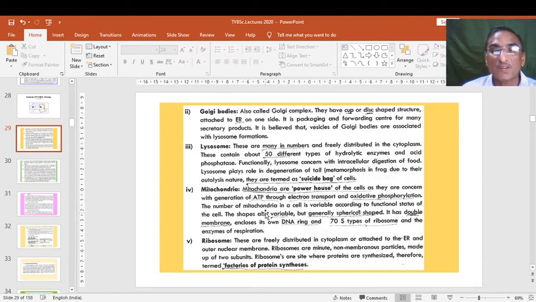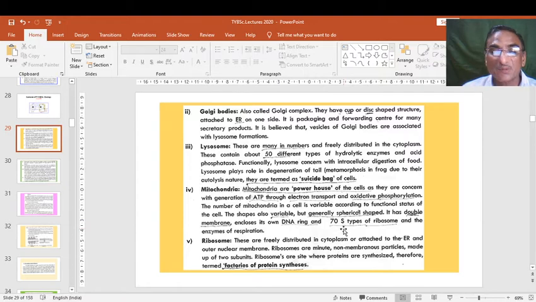So these are the key factors which perform the physiology of mitochondria. The number of mitochondria in a cell is variable according to the functional status or physiology of the cell, and the shapes are also variable, but mostly we say that mitochondria are spherical or rod shaped.